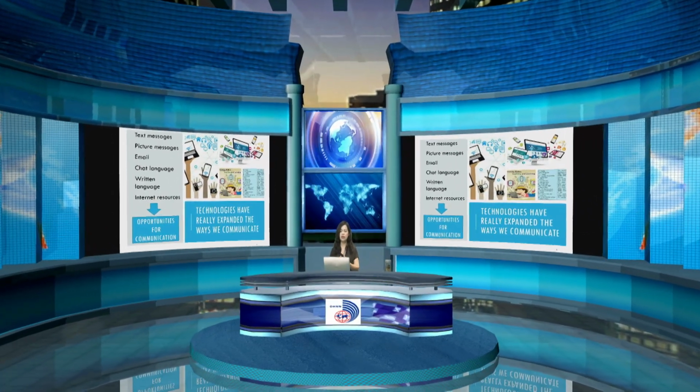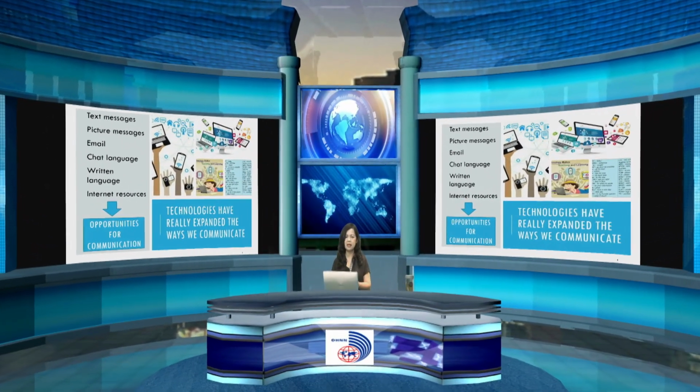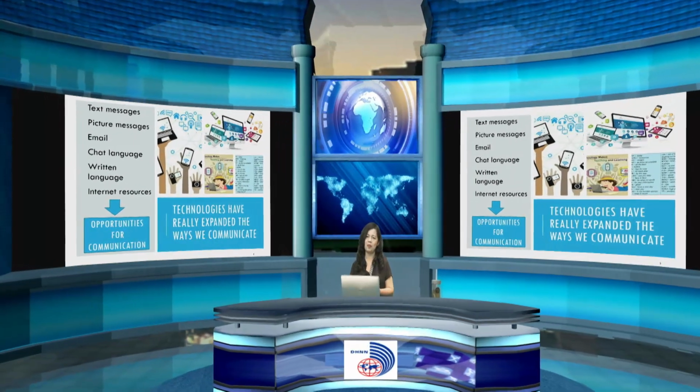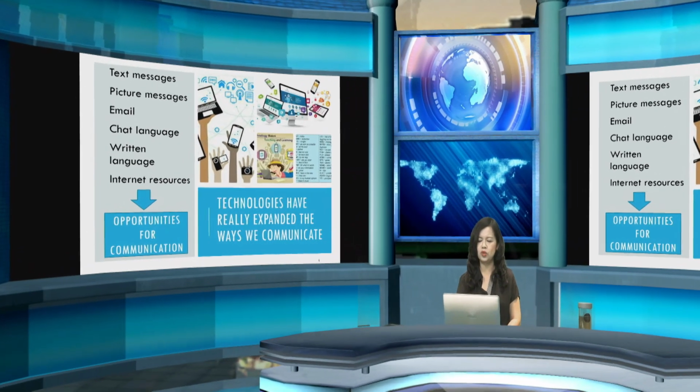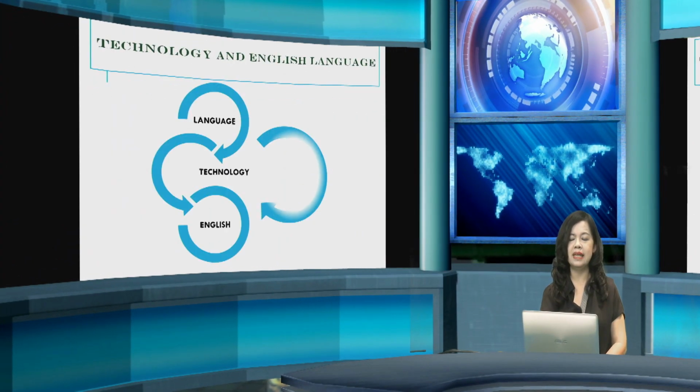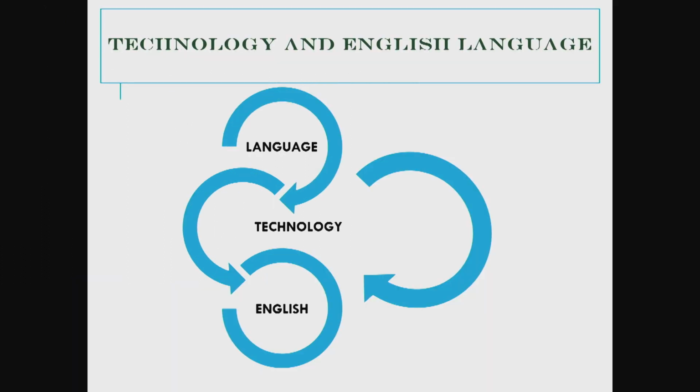So technology has already expanded the ways people communicate, and it has given a lot of opportunities for people to communicate. We have so far established the linkages between language and technology.